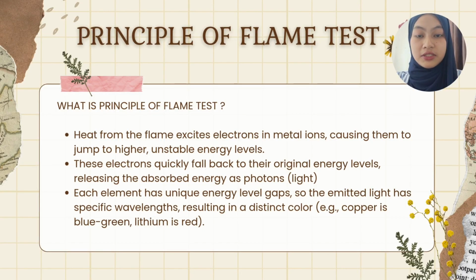These excited electrons then quickly return to their original energy levels, releasing the absorbed energy in the form of light. Each element has a unique energy gap, so the emitted light has a specific wavelength and produces a characteristic flame color. For example, copper gives a blue-green flame, while lithium produces a red flame.